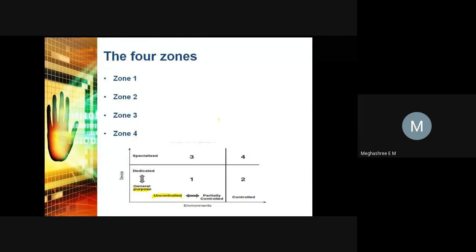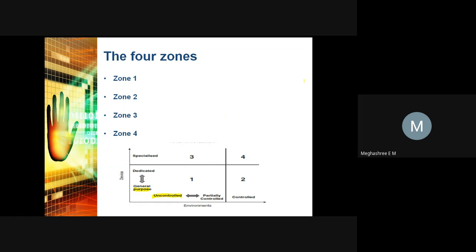In zone 2, the environment is controlled. Consider this example: a key stored in software on a PC, which provides excellent security if the PC is not networked and is placed in a very secure room.